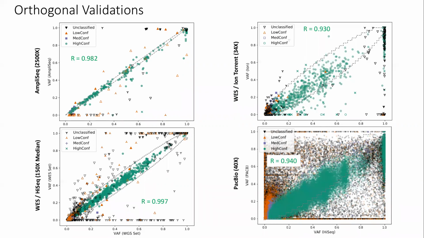Lower right is PacBio. So one thing you notice is that if you see solid dots here, that means a variant is validated on this platform. Validated here really means there are enough variant reads in the tumor, and there is no variant read in the normal.